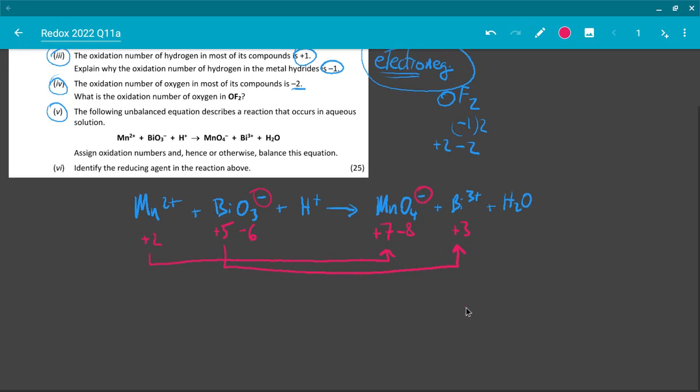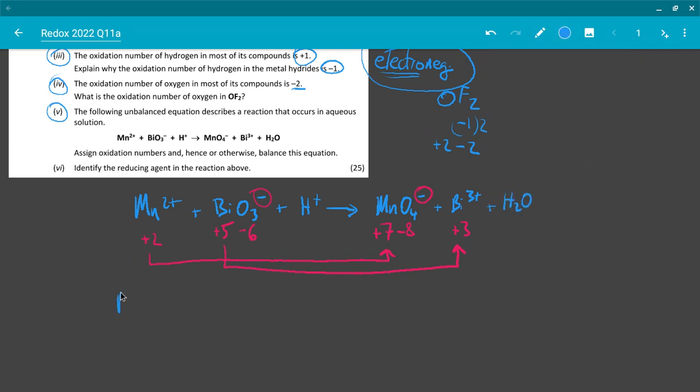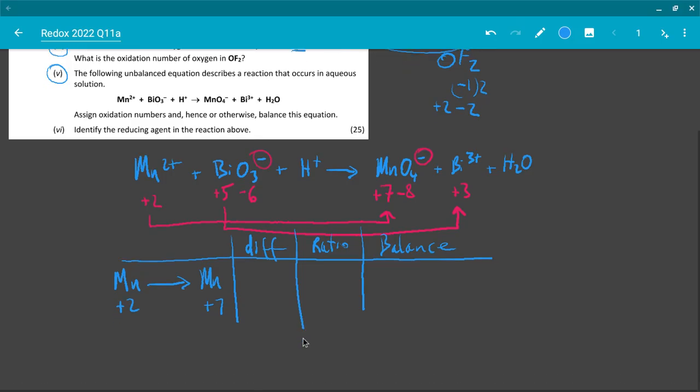Just make a little bit more room. Manganese 2+ going to manganese 7+. And if I make a little table here, the difference, the ratio, in case we need to balance. So we've got another atom to consider.